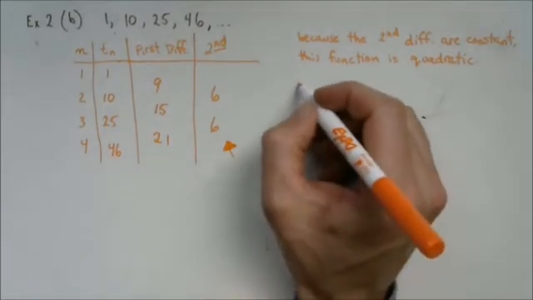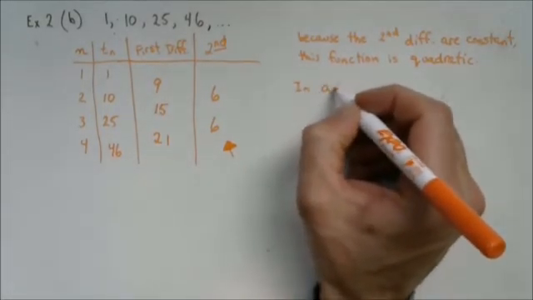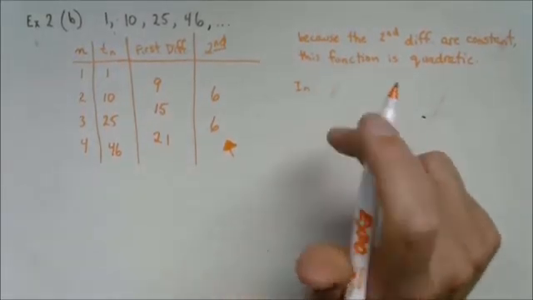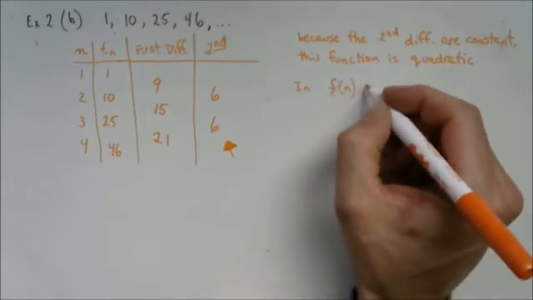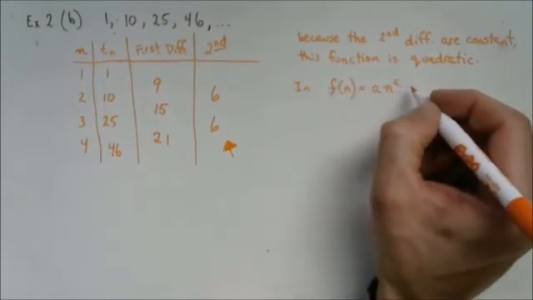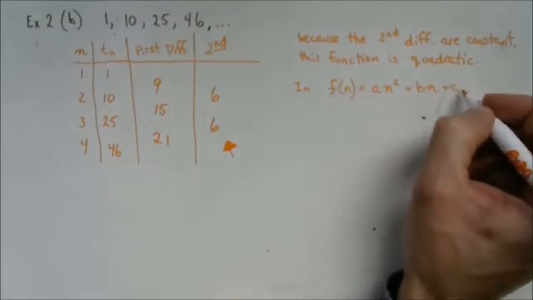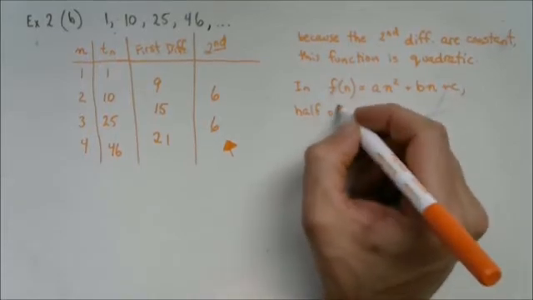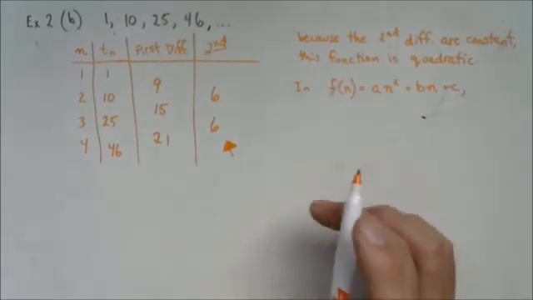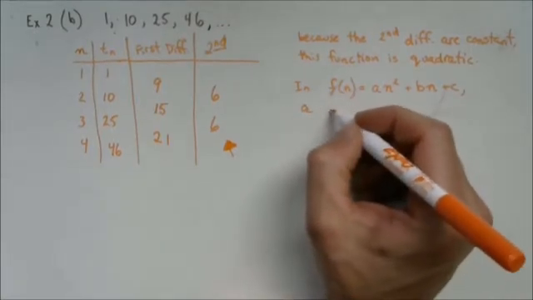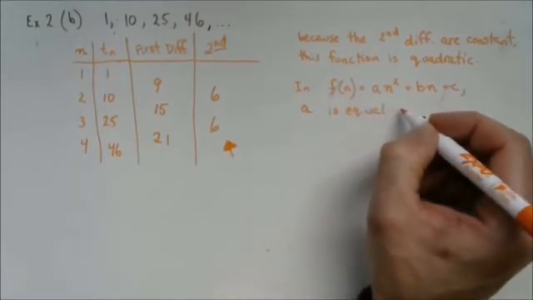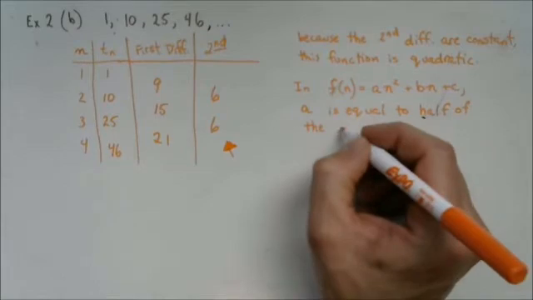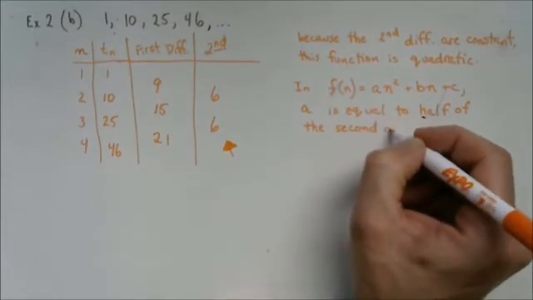So in the function with respect to n, f(n) = an squared plus bn plus c, a is equal to half of the second difference.